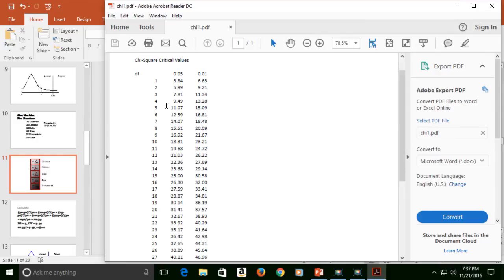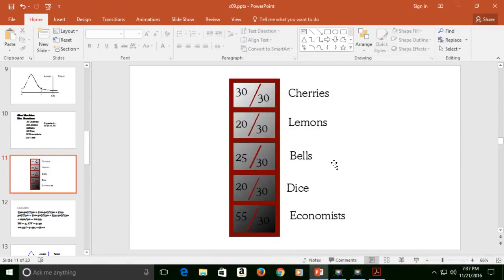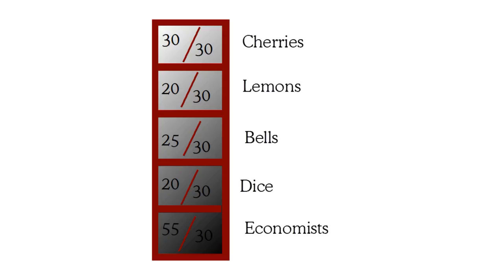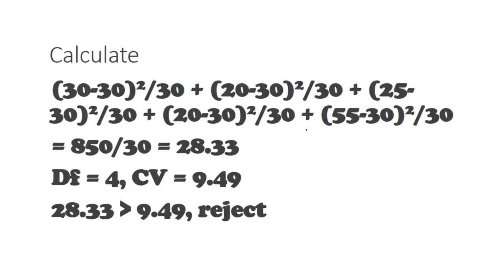At 0.05, 5 degrees of freedom, our critical value is 11.07, which is kind of Vegas-y, don't you think? 11 and 7. All right, so let's do the math.